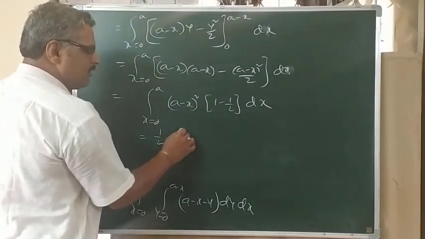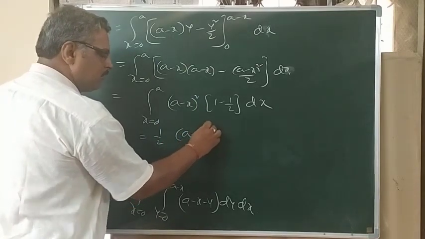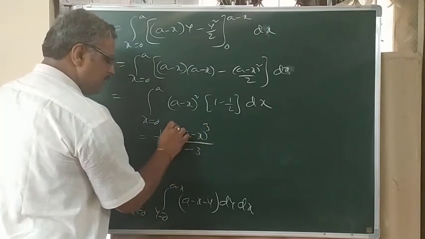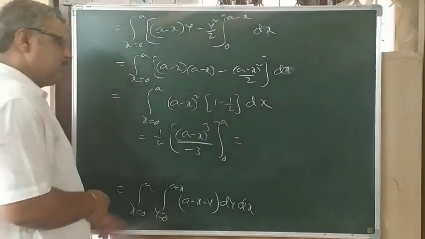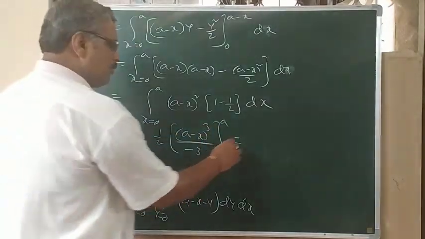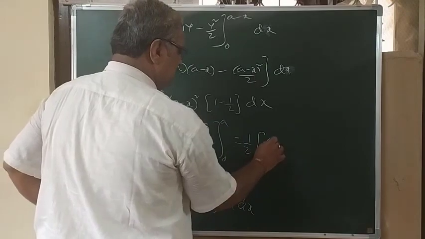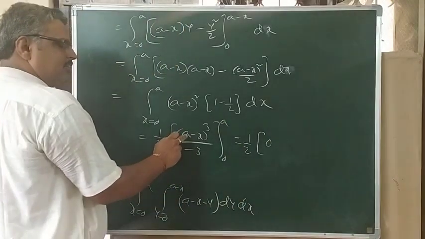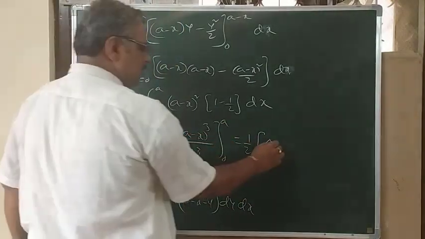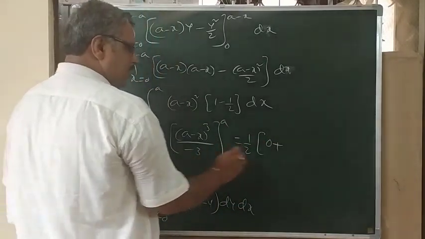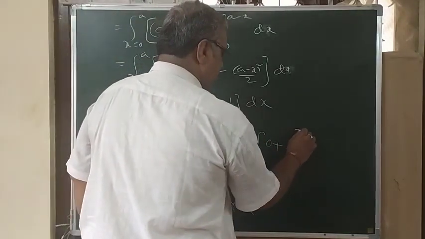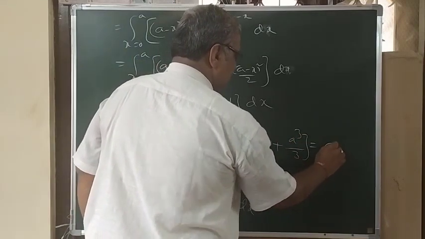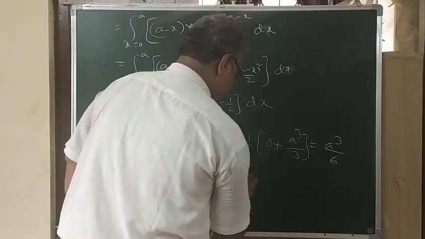The integration of (a minus x) whole square is (a minus x) whole cube by minus 3, from 0 to a. Put x equals a, first value is 0. If you put x equals 0, minus a cube, with minus times minus giving plus, 1 by 2 times 1 by 3. So the answer is a cube by 6.